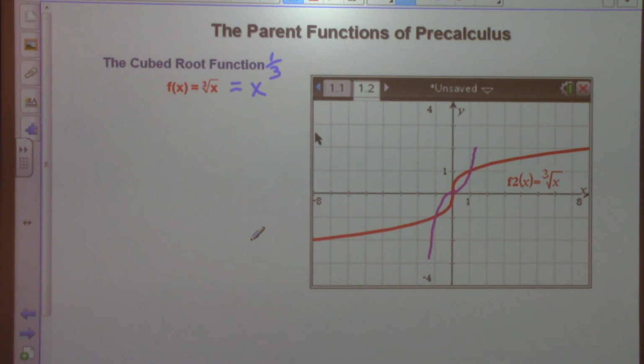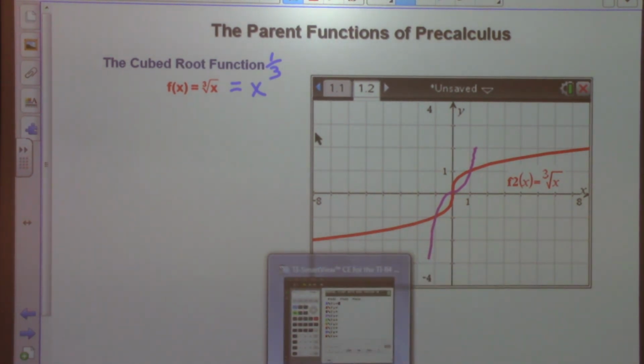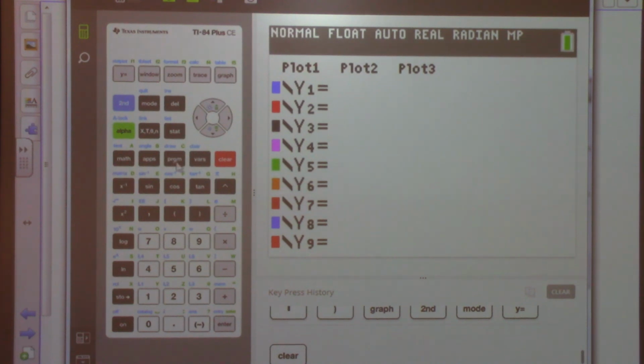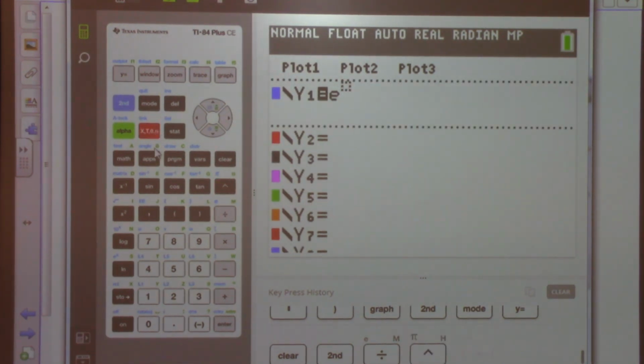I want you to write the letters, but I want you to be able to graph them. What's that? E? Okay, E, we talked a little bit about yesterday as Euler's number. Your question is how to graph that, right? There are a couple of different ways to do it. One thing you can do is press second, division sign, and then you could put to the power of x up here.